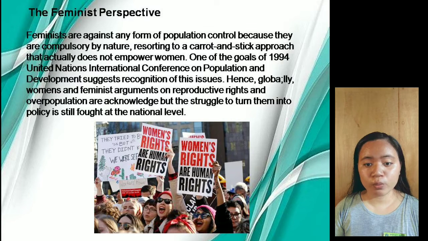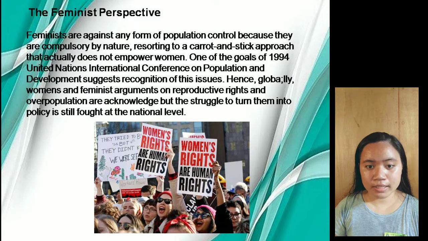Hence, globally, women and feminist arguments on reproductive rights and overpopulation are acknowledged, but the struggle to turn them into policy is still fought at the national level. So, this is the dilemma that women are still facing today.